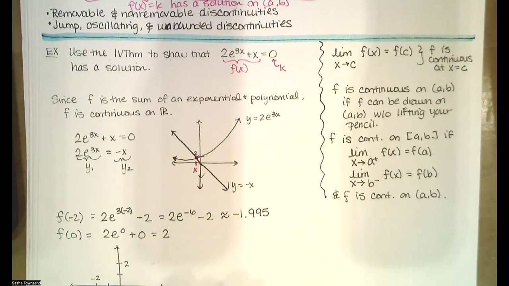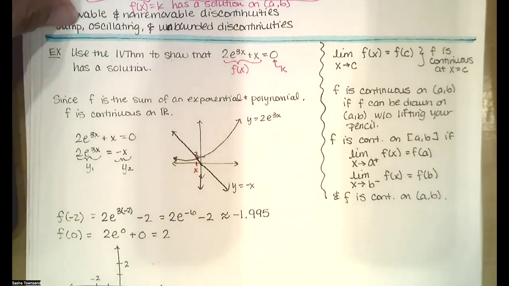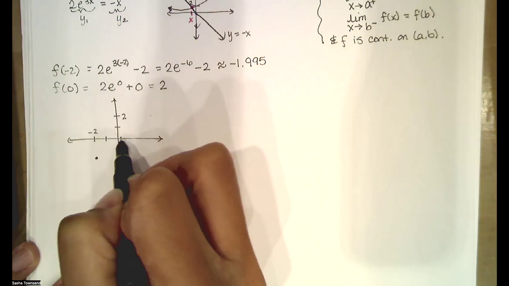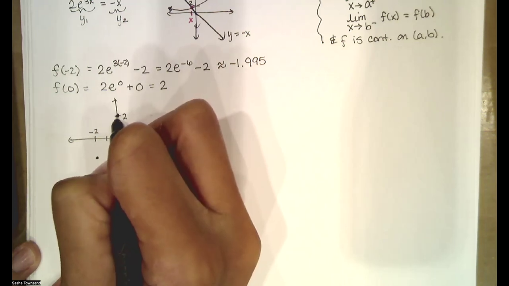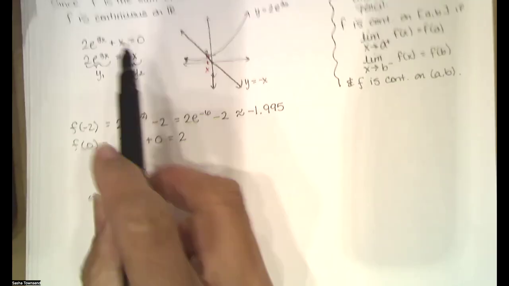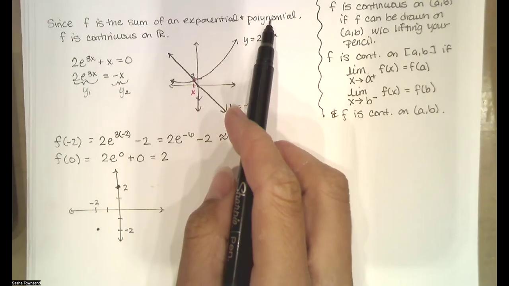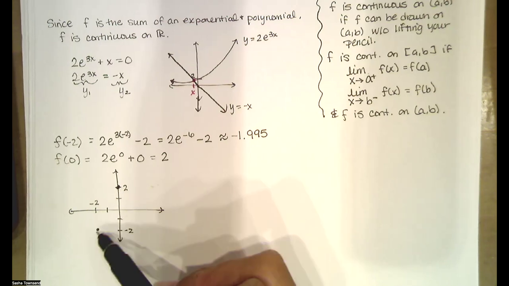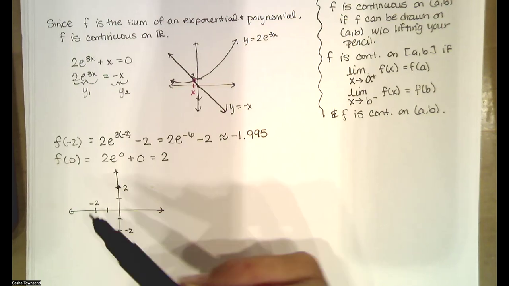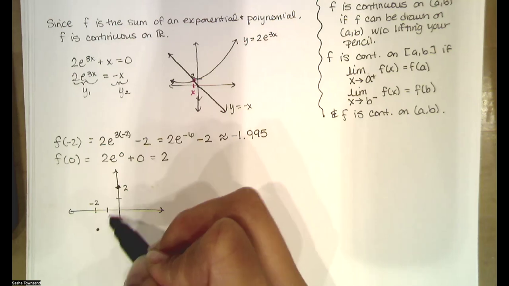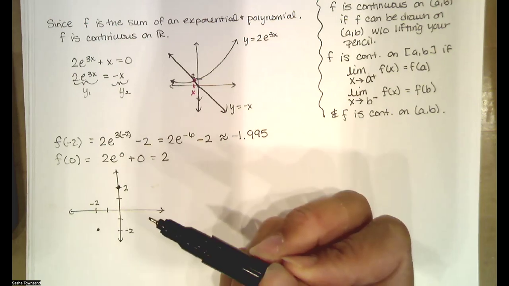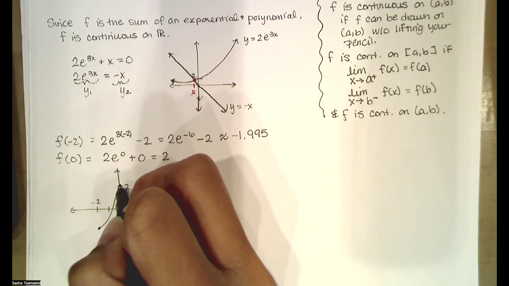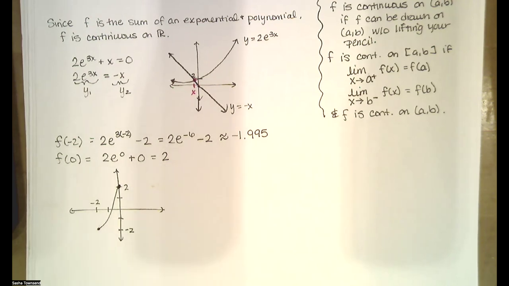So negative 2, negative 1.995 is on our graph, and x equals 0, y equals 2 is on our graph. And we know that f is the sum of an exponential and a polynomial, so it's continuous. I don't know exactly what it looks like between this point and this point, but I know that I can draw it with a smooth, unbroken curve. So it might look something like this. Of course, I'm just guessing, but it might look something like that.